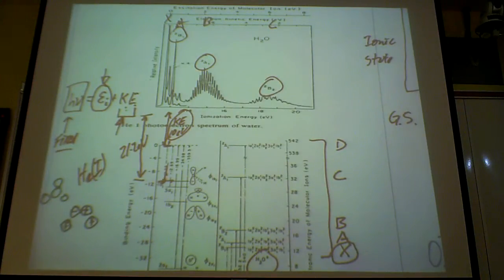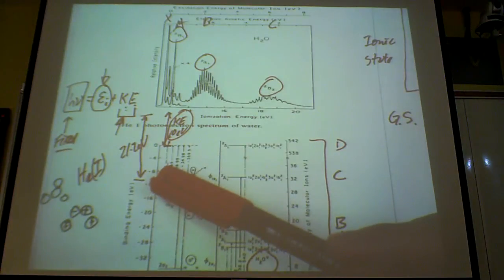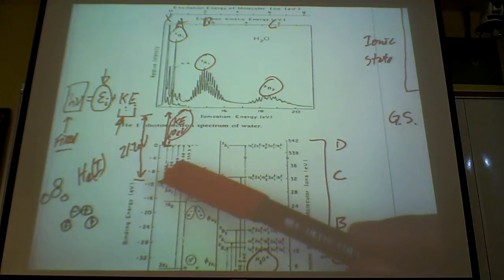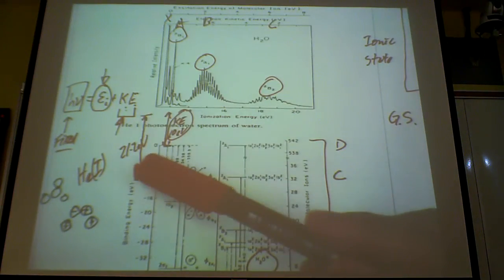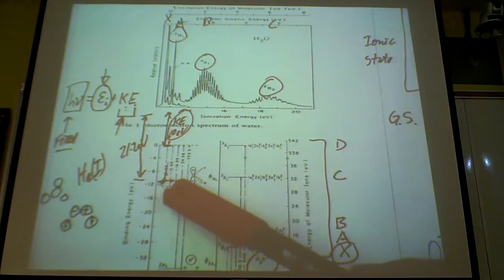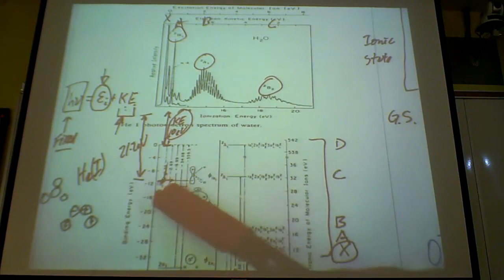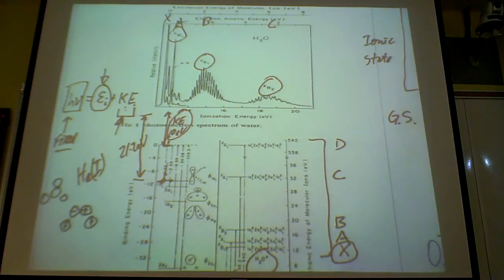Now, if you imagine that you are scanning your photon, it's not just the lone pair electron that could absorb the entire photon. You could have the other electron absorb the photon as well. Let's say the 3a1 orbital absorbs the photon.